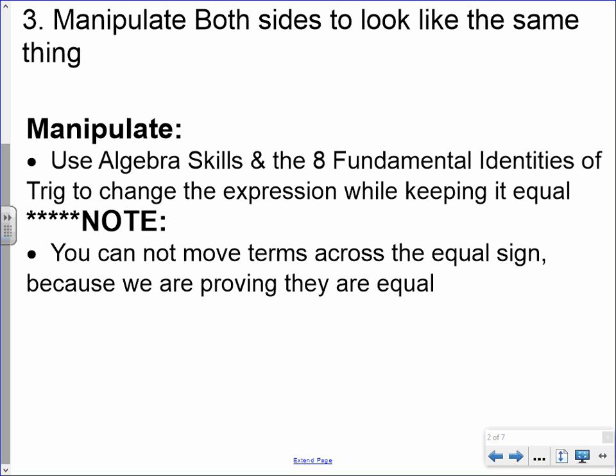If something is on the right side, it stays on the right side. Okay, you have to figure out the way to use algebra or identities to make two sides look the same without moving anything across. You basically have two expressions that you want to equal each other. Okay, it's not an equation that we're solving. We want two expressions to look the same. Okay.